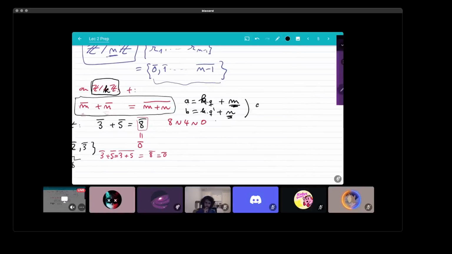Will a plus b divided by k have a remainder of m plus n?